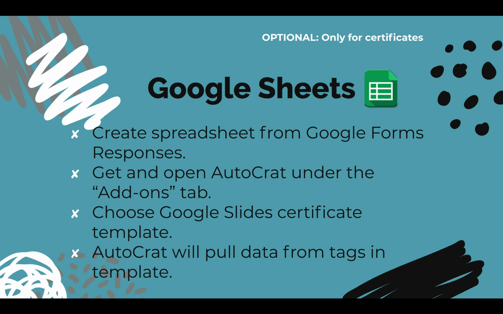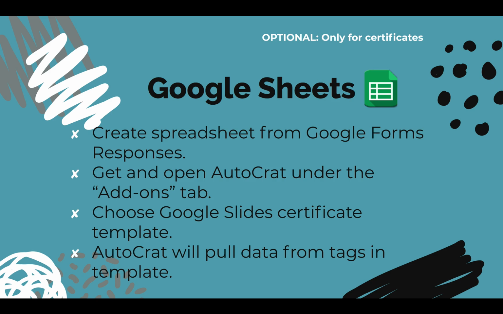And again, if you are using certificates, you will need to access Google Sheets. So you would create a Google Sheets spreadsheet from the Google Forms that you were getting the responses for that you created earlier that's embedded in your digital escape game. You would get and open AutoCrat under the add-ons tab.